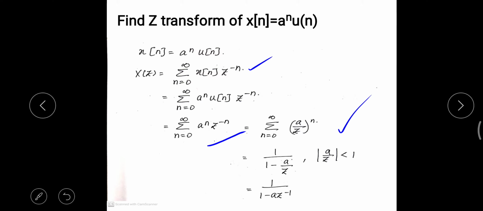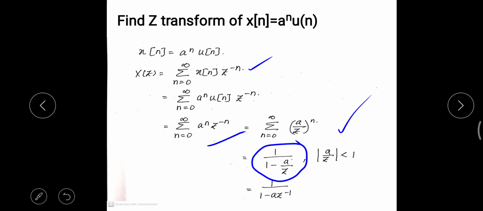I will repeat the formula once again. Summation n is equal to 0 to infinity a power n is equal to 1 by 1 minus a, provided that the modulus of a value should be lesser than 1. So here also I applied the same formula, so I have taken 1 by 1 minus a, where a is nothing but a by z.